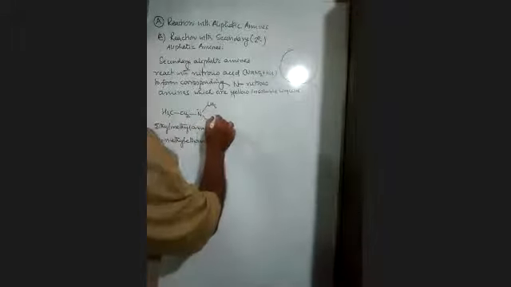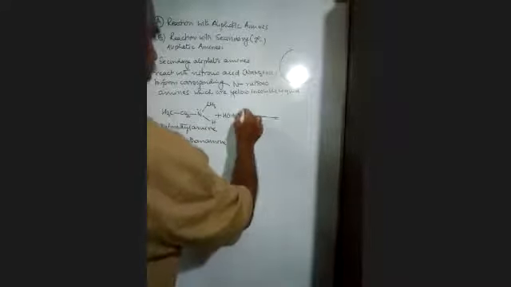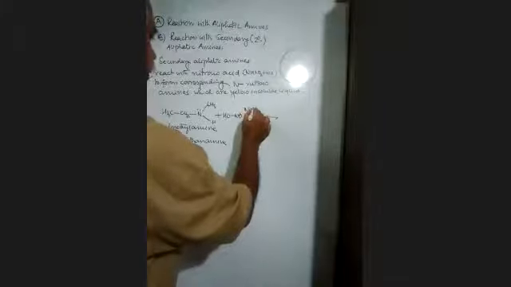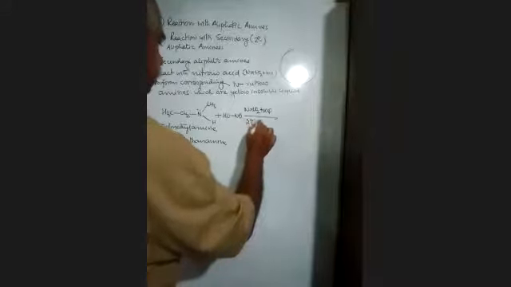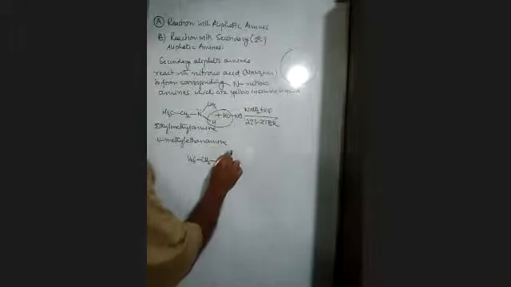All right. So this is the nitrous acid. How did you get nitrous acid? By the reaction of sodium nitrite and HCl, temperature 273 to 278 Kelvin. You should never forget to write the temperature for nitrous acid reactions. So what is going to happen? This will go. So you are going to get here CH3CH2N(CH3)NO plus H2O.